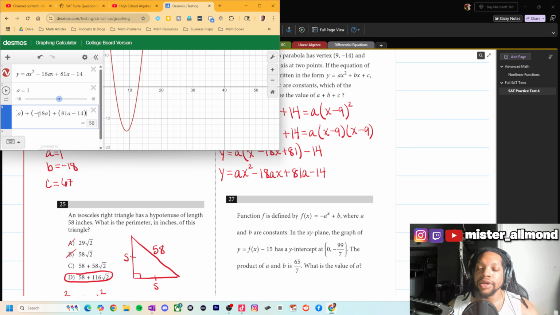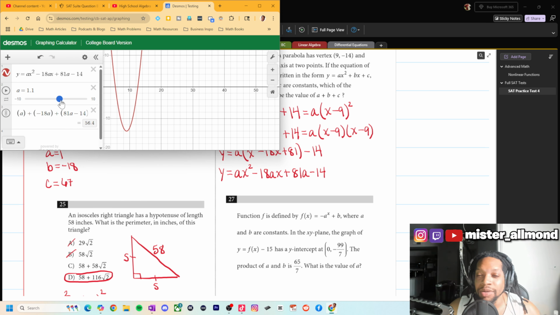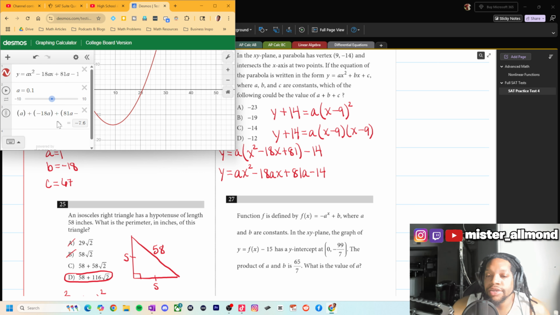So as long as I have two roots, I can slide A, and then will I ever get a negative result? Let me see. Okay, hold up. I'm getting some negative results. Are any of them these answer choices? That's the tricky part.